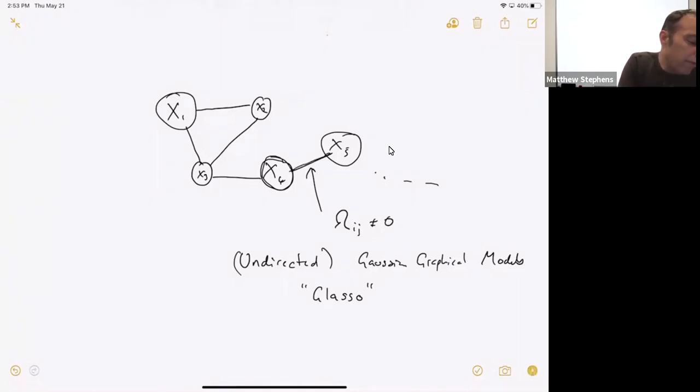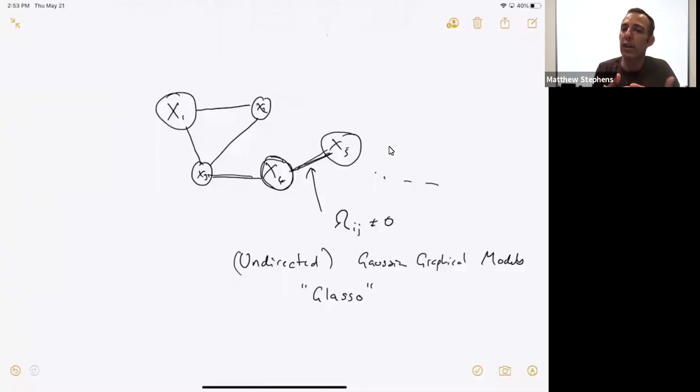If we regress x4 on everything else and the main predictors of x4 are x3 and x5, we would draw these lines here to connect x4 to x3 and x5, because that regression exactly tells you that x4 is conditionally dependent on x3 and x5 given everything else.